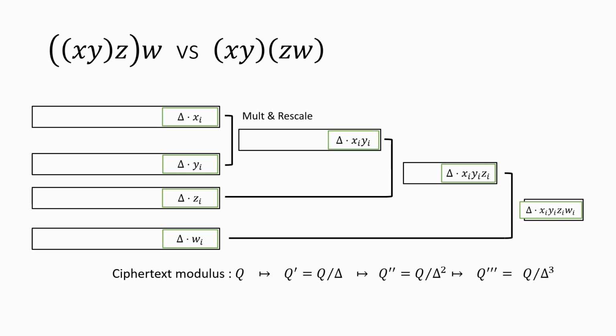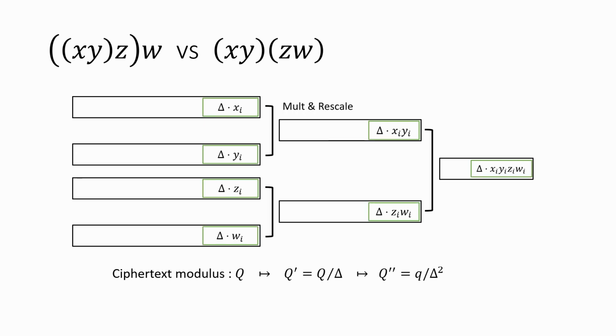As you can see in this figure, the overflow could happen if this encrypted plaintext is larger than the size of this black box. But in the other case, if we use this tree structure, then we finish the computation while consuming only 2 log delta bits of ciphertext modulus, and the resulting ciphertext still has a large enough modulus for correct decryption.